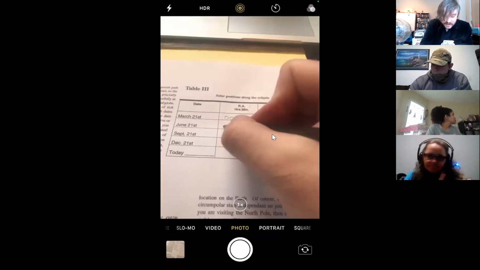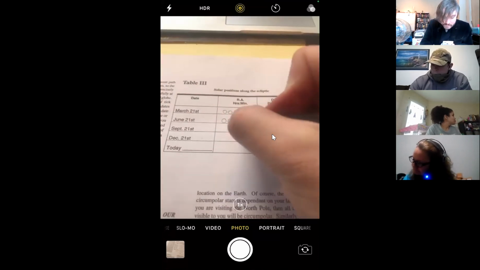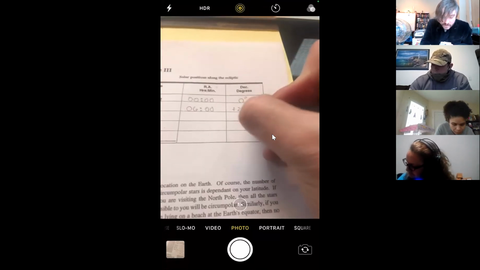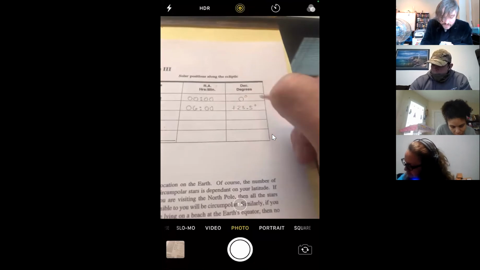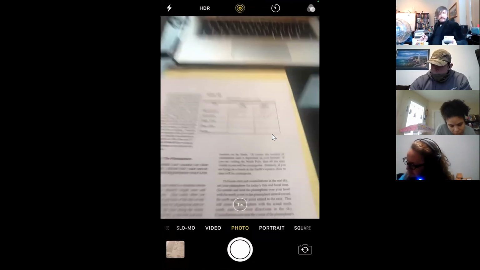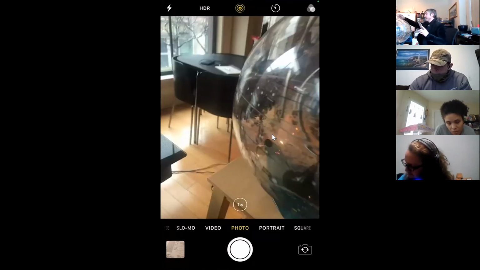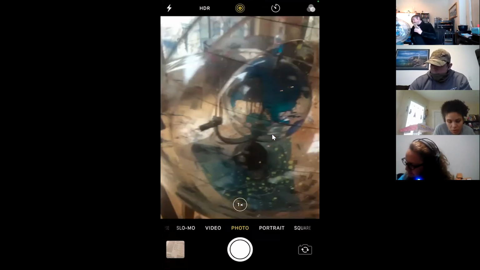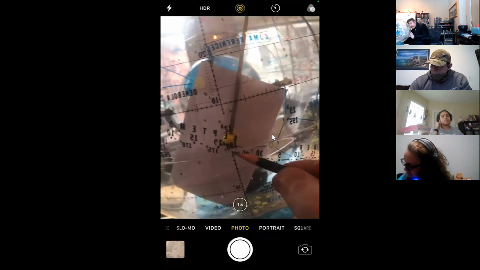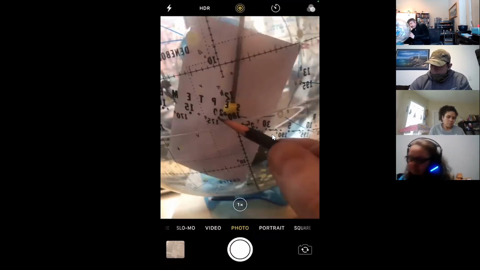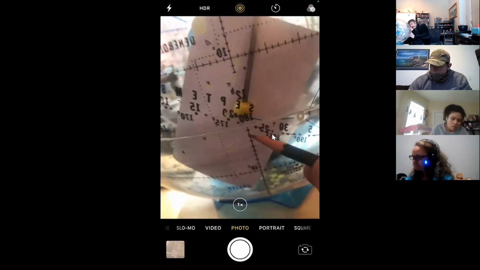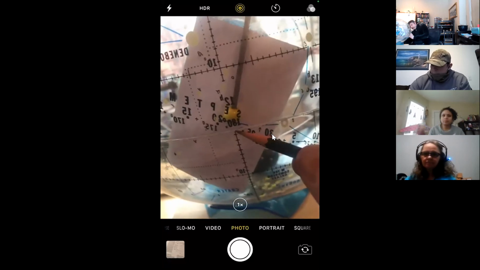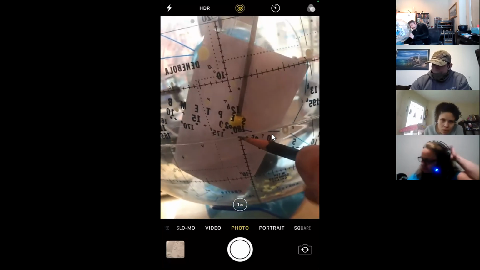So we have 6 hours and positive 23.5 degrees. Let's just check out September 21st next, okay? So we'll go over here to September. There's September 15, September 20th. What do you have for September 21st? 12 hours and 0 degrees.